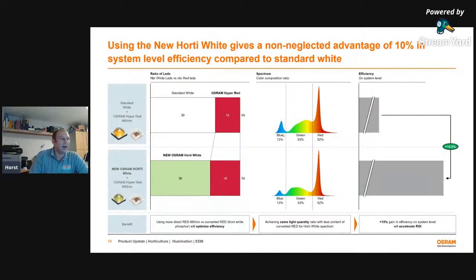Now we divide this into 3 areas, and we have a blue area. Here we have a blue LED, which is very strong, very good. Then we have a red LED, the 660 nanometer LED, where we are the best on the market with our product.